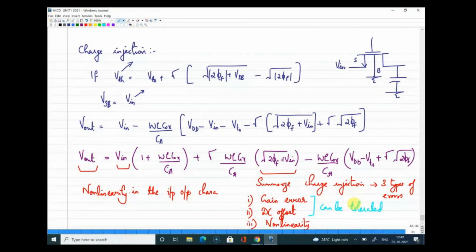Gain error is manageable, and if there is a DC offset, whenever an offset voltage gets added which is independent of your input voltage, that is also an easy thing to deal with. But the last one, the non-linearity, cannot be tolerated, and this cannot actually be solved. This is an issue. The non-linearity coming into a sampling is an issue.